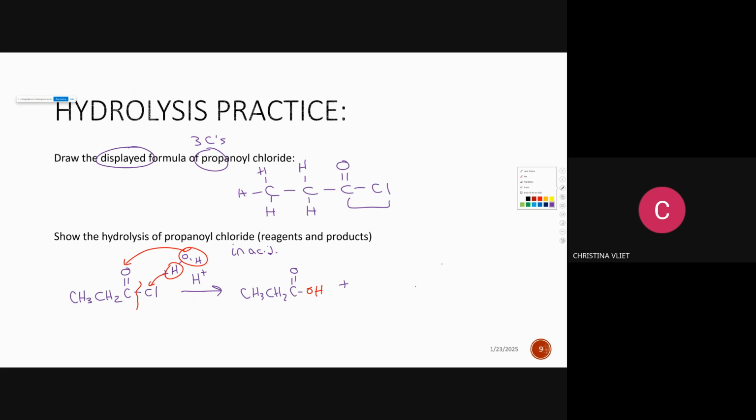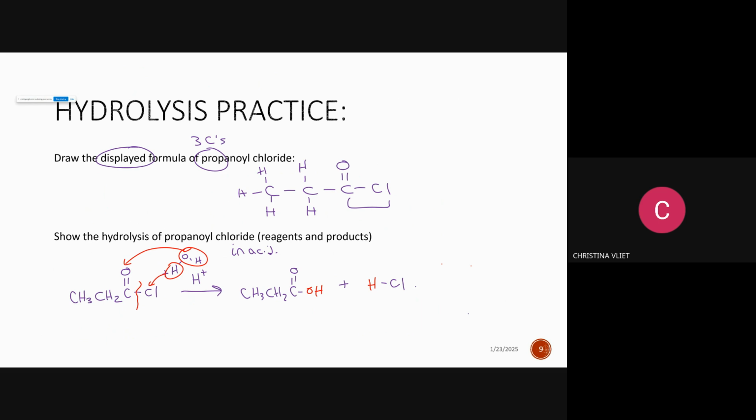You're making a carboxylic acid and you're making hydrochloric acid. Do you see that? If you think about that, this reaction is probably one I would be wearing my gloves or goggles and lab coat in a contained area. But this is what you're getting out of it.